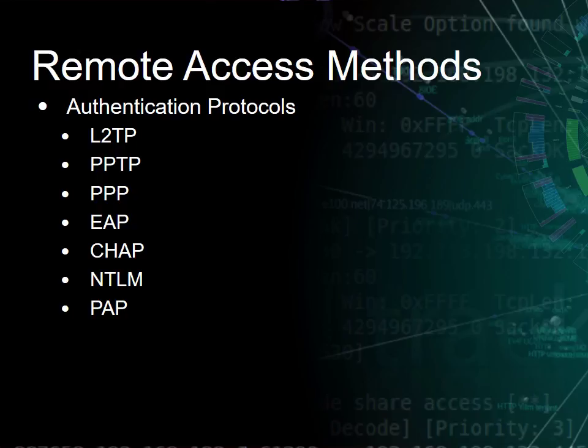CHAP, or Challenge Handshake Authentication Protocol, is used to provide authentication across a point-to-point link using PPP. In this protocol, the authentication after the link has been established is not mandatory. CHAP is designed to provide authentication periodically through the use of a challenge and response system that is sometimes described as a three-way handshake.